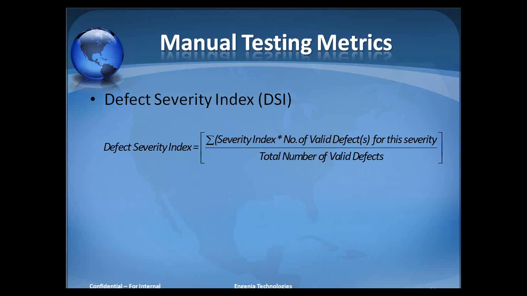It is calculated as a summation of severity index multiplied by the number of valid defects for that severity. The severity index can be simply a number from 1 to 5, where 5 is a very critical defect and 1 is low in severity.